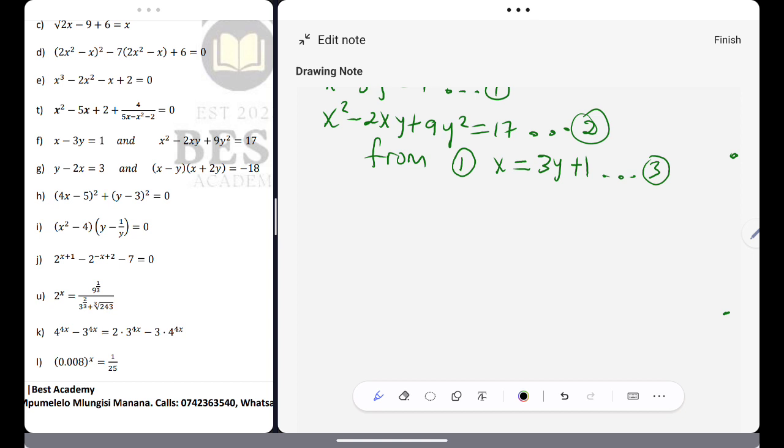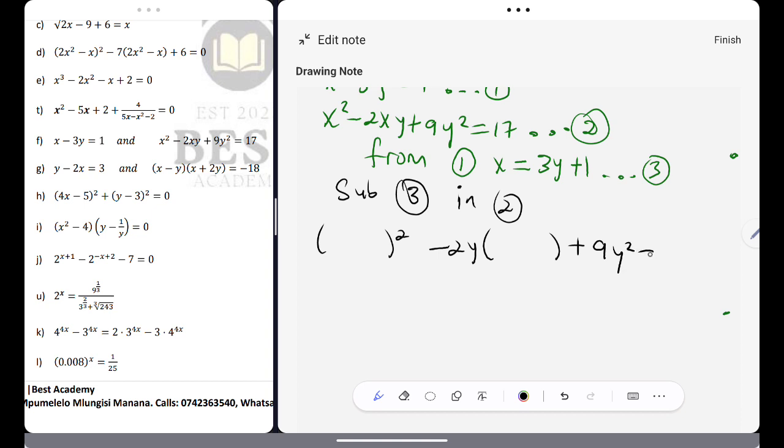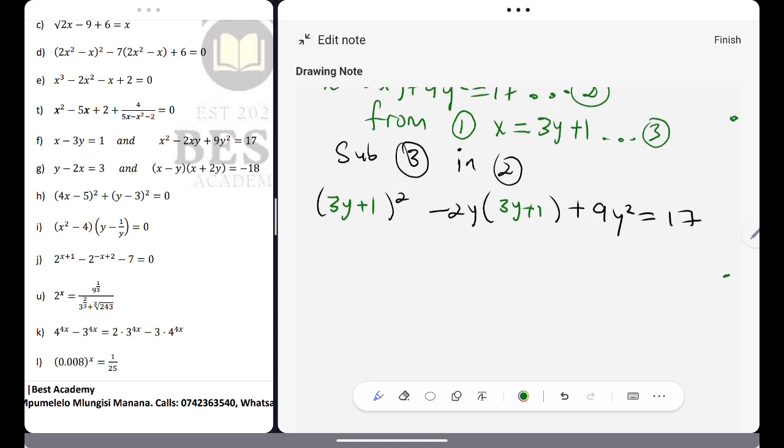So I'll just substitute equation 3 into equation 2. Whenever I see x, I put 3y plus 1.